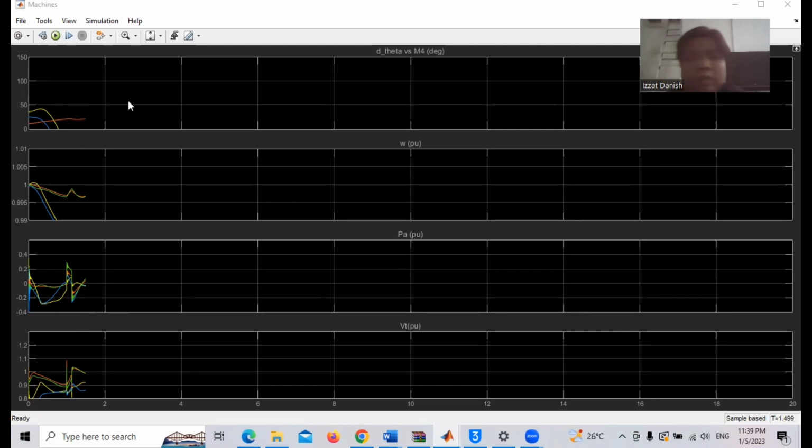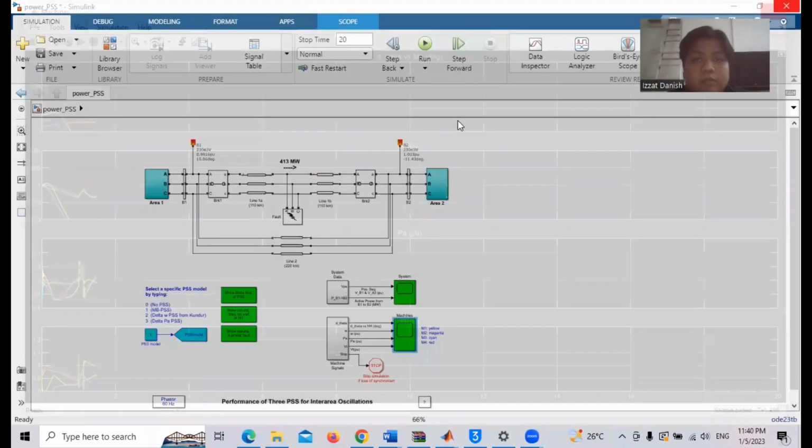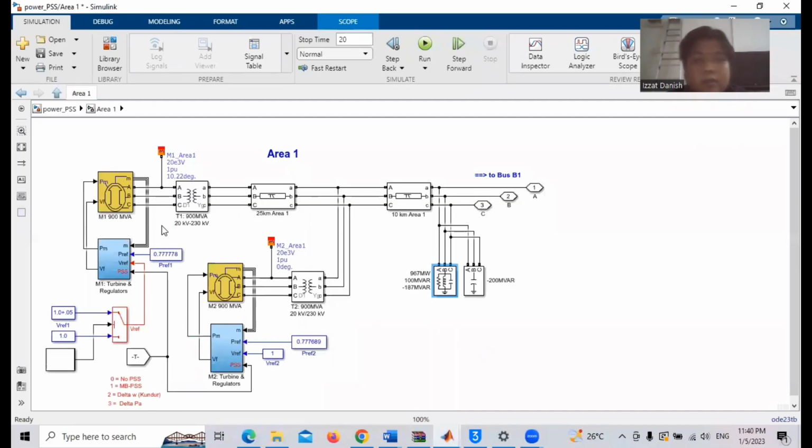So that is for the increment, and then for the decrement.